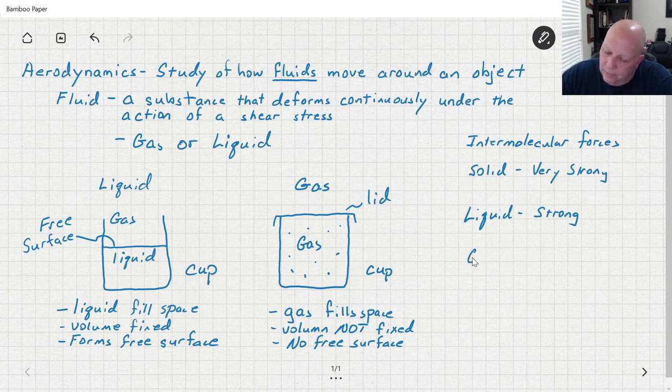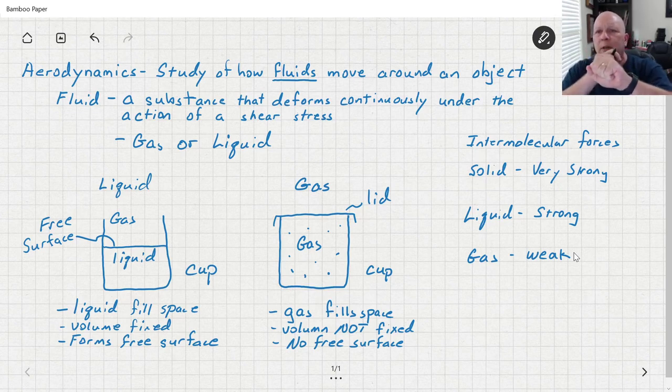The gas has weak intermolecular forces. So with the liquid, we allow motion between the molecules, but they tend to stay close to each other. With the gas, we have motion between the molecules, but they can be very far apart.